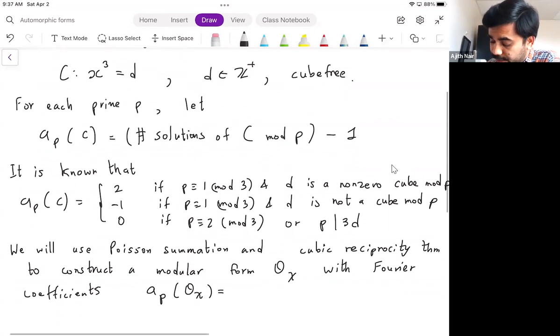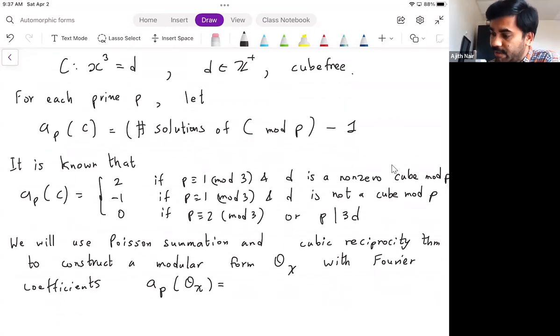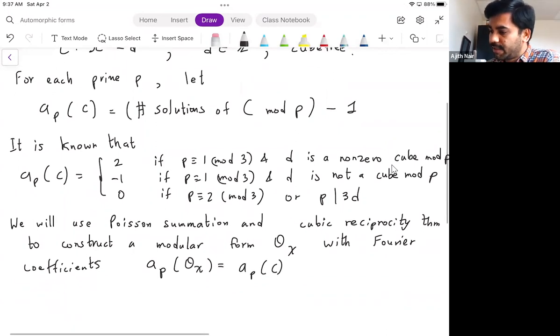The prime p-th coefficient of theta chi is going to be a_p of C. We are also going to see that these solution counts, which are a_p, are the system of eigenvalues arising from theta chi, which means that the modular form is going to be a simultaneous eigenform for the Hecke operators.